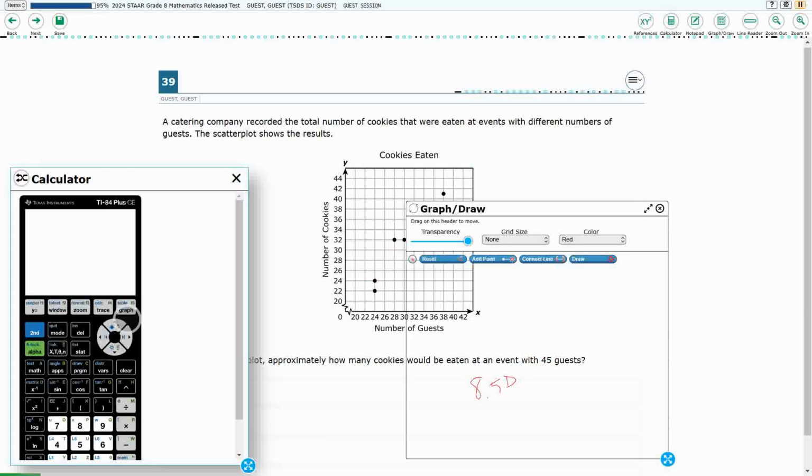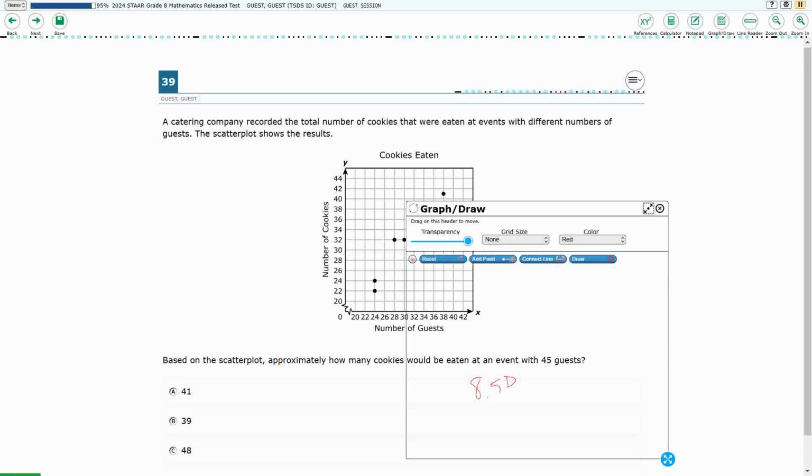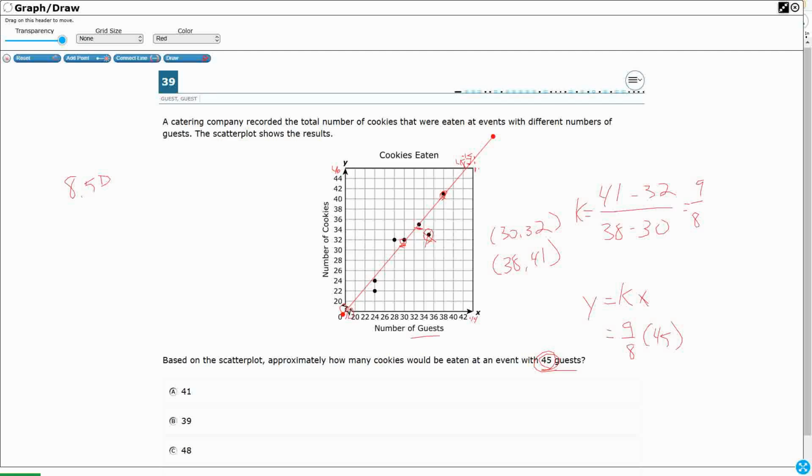Let's multiply 9/8 times 45. Let's just see what that gets me. And I'm going to get 50.625. Okay, so I was right with that 49 or 50. And so y should equal about 50.